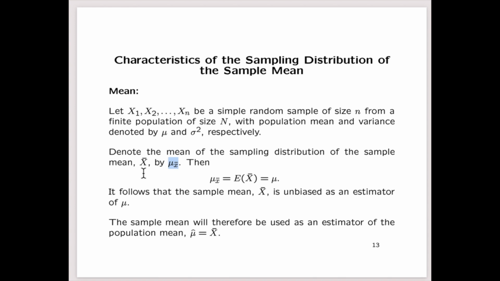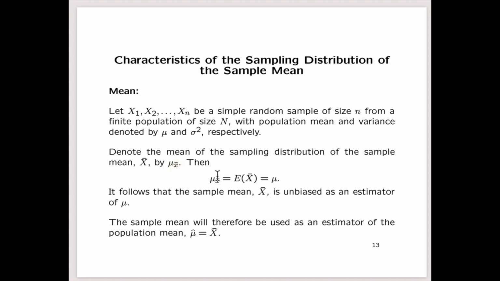We're interested in determining what the mean of the sampling distribution of x bar is under simple random sampling. So let's first denote the mean of the sampling distribution of x bar under simple random sampling by mu sub x bar. This means it's the mean of the sampling distribution of x bar.